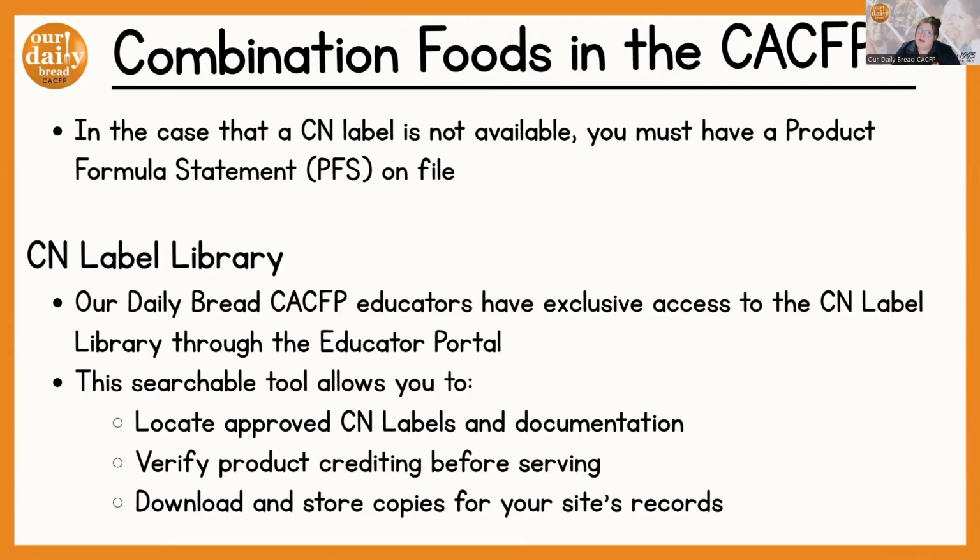And if it is creditable, it's going to tell you exactly how much you need to serve to each age group. It also allows you to download and print any of those CN labels or product formulation statements. And as a last resort, if it's not on there, please reach out to your field representative or your case manager, and they will be more than happy to assist you with that.